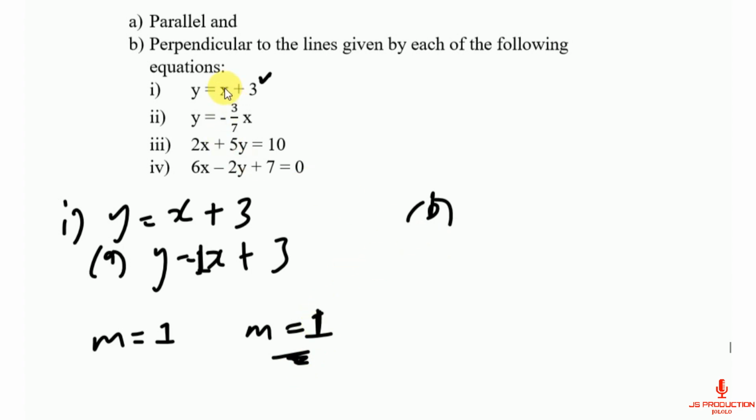What about for a perpendicular line? y is equal to x plus 3, and since there we have an invisible 1, our gradient is 1. We can represent this as M1 and M2 to differentiate those. So our M1 is going to be equal to 1.